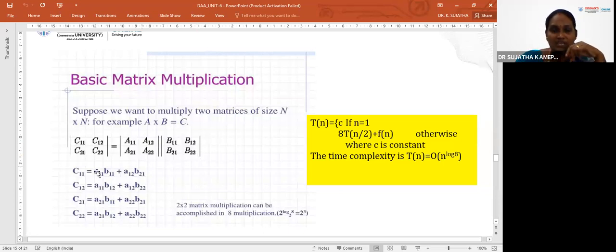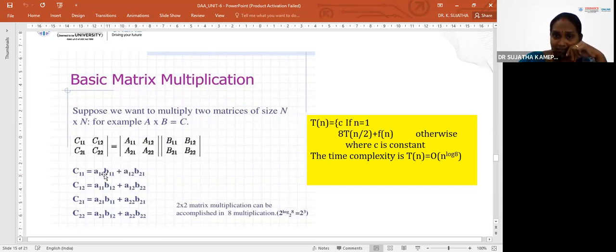By doing all these calculations, we get the product of the two matrices. Each element calculation involves 2 multiplications and 1 addition, so totally 4 elements involve 8 multiplications and 4 additions.